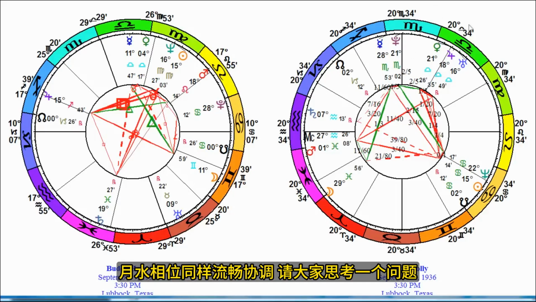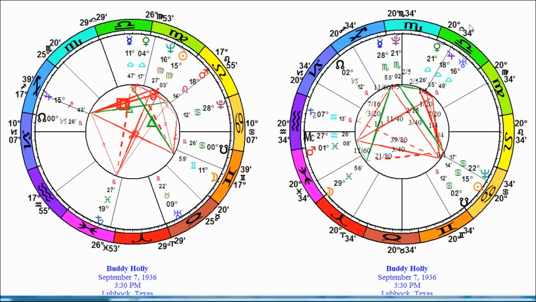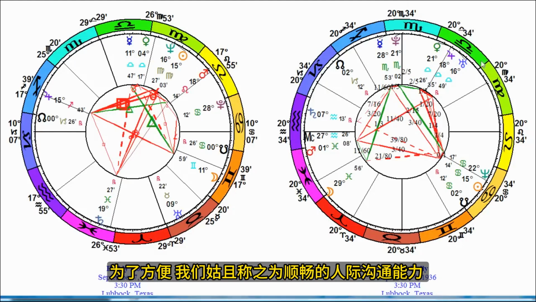But let me give you a question. Quiz time. See if you can get the answer to this. Moon and Mercury means he thinks about psychology and history, and he has a good intuitive communication with people. Let's call it pleasant personal communication, just to give it a term.